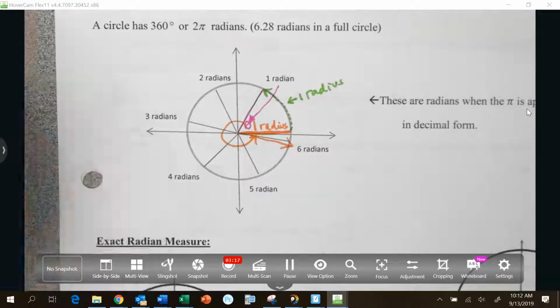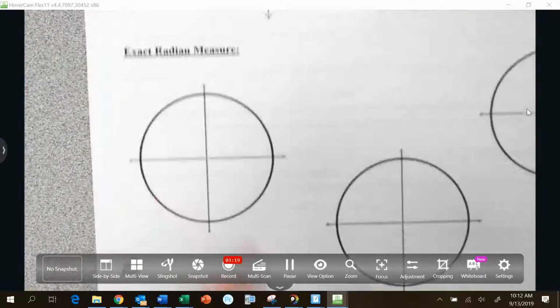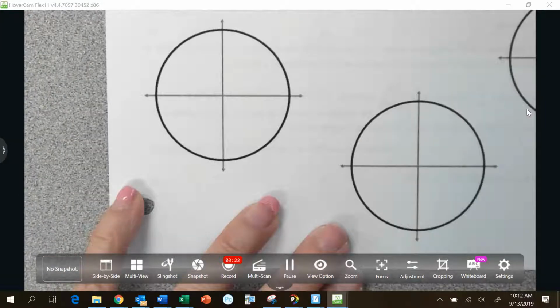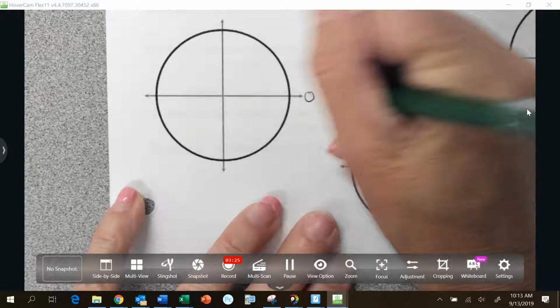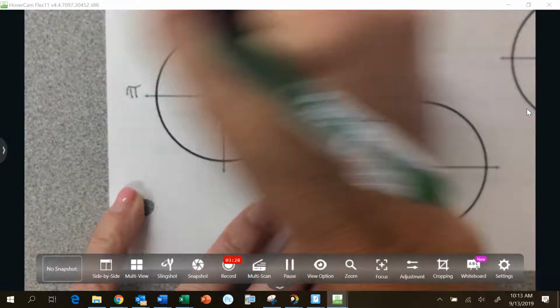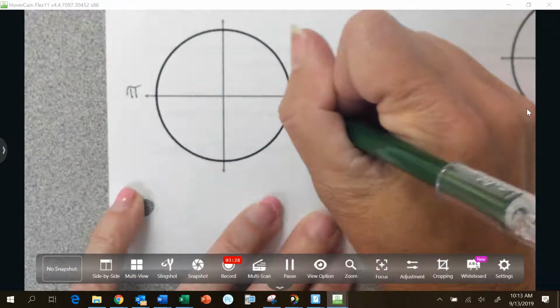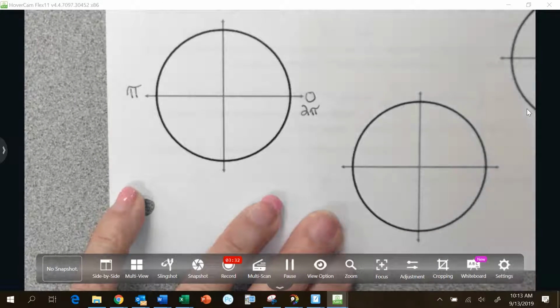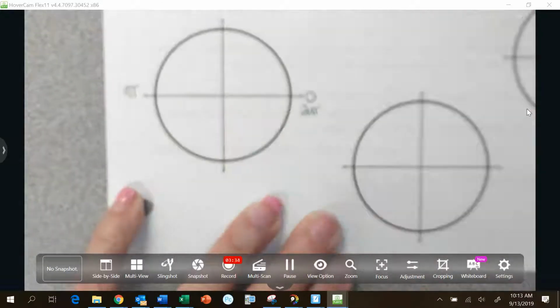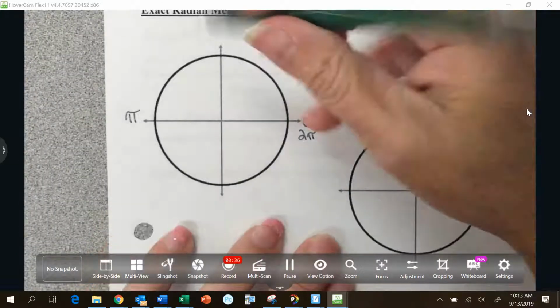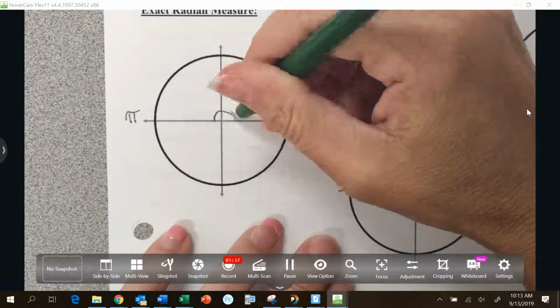When we talk about exact radian measures, there's 0, and this is pi, and then all the way around is 2 pi. These are radians. What would be the top half divided into 2?